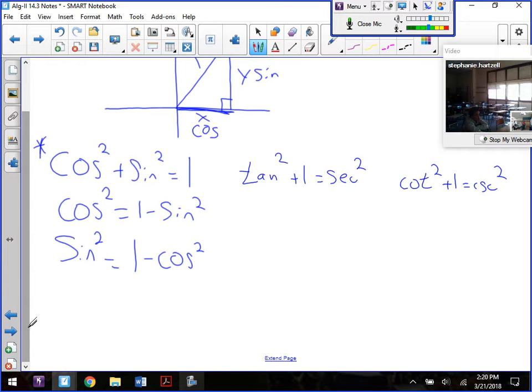The only way that I've always been able to remember it was that cotangent and cosecant go together because they still both start with C. It's the only way I can think of remembering that one. Tangent and secant, T and that, they're next to each other, I guess, in the alphabet. Which means that I can say that tangent squared.